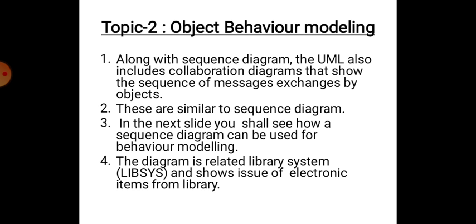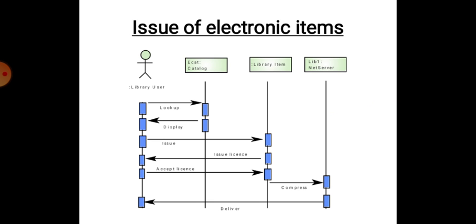The diagram is related to the library system, that is LibSys, a software for a library which you have considered earlier, and it shows issue of electronic items from the library. Students, you know, a library has books and journals. Along with that, it has electronic items, just like cassettes and tapes. Now in this diagram you can see issue of electronic items.